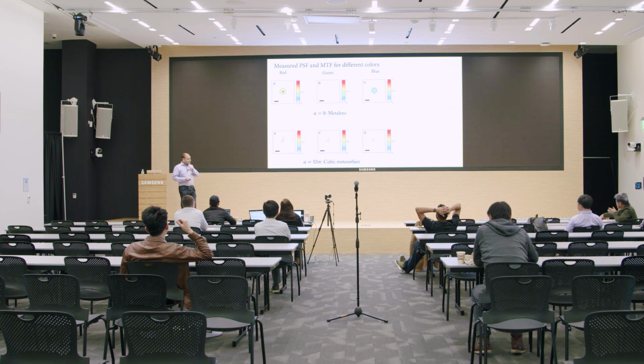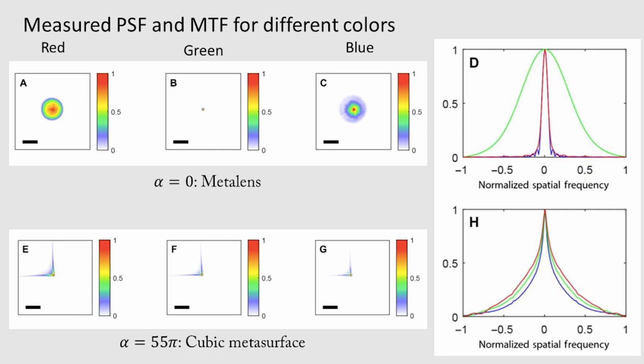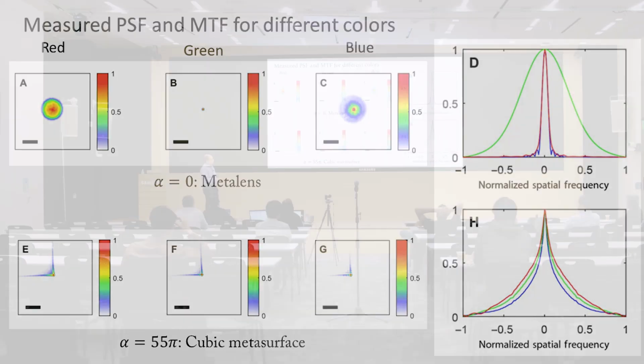Okay? But then there's another thing that's very important. If you calculate the modulation transfer function, which essentially tells you how much of the spatial frequency from the object is captured in the sensor, then for a metasurface lens, for green, you actually capture a huge amount of spatial frequency and you get a very good image. For blue and red, you capture a very small amount of information and you have a lot of zeros here.